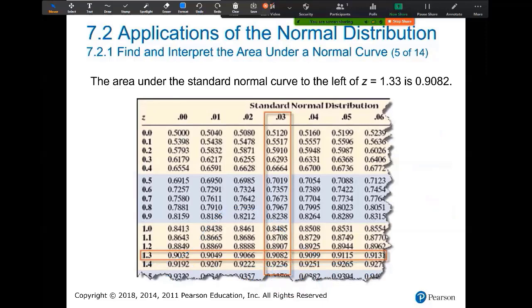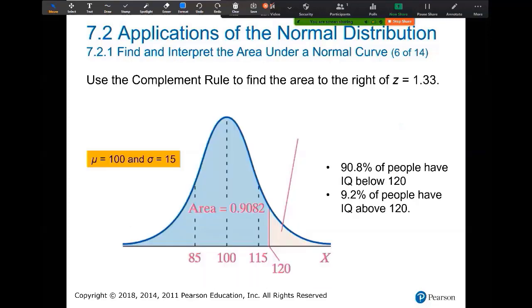Z-score 1.33: 1.3, and the second decimal is located in this row. This number is the percentile, the percentage below. And if we want the percentage above this value, we need to subtract this value from 1.